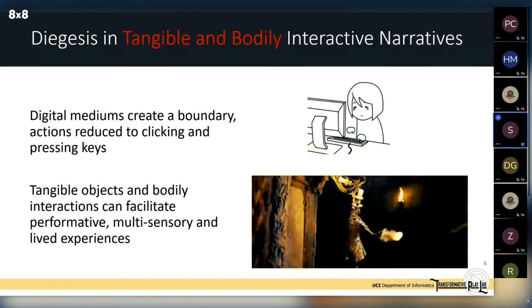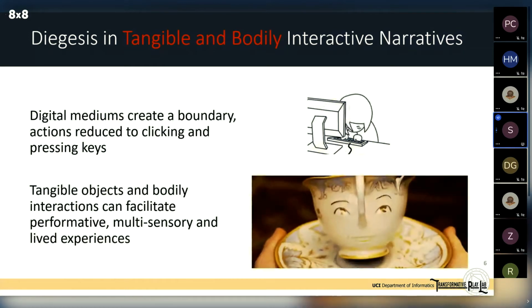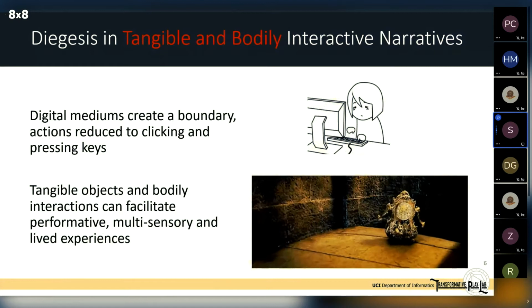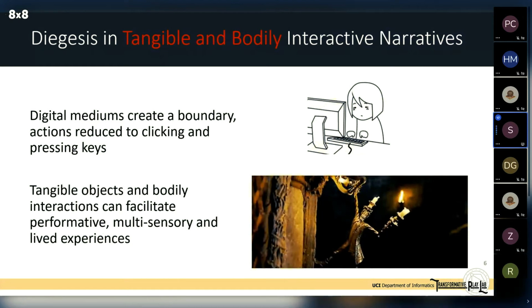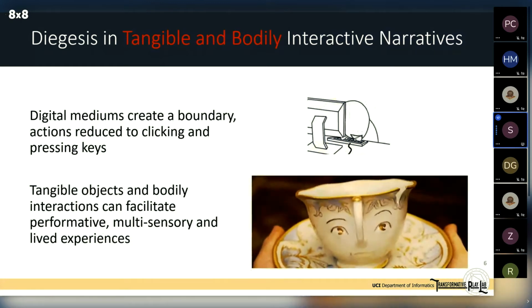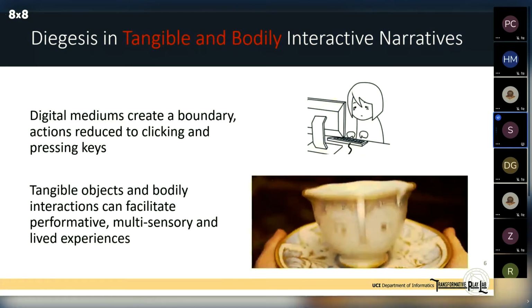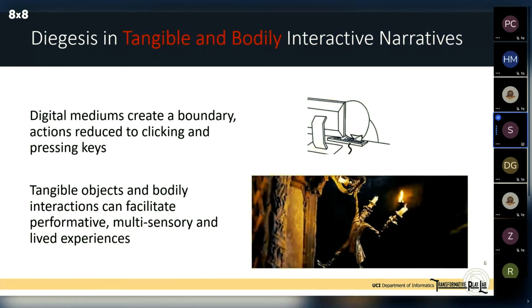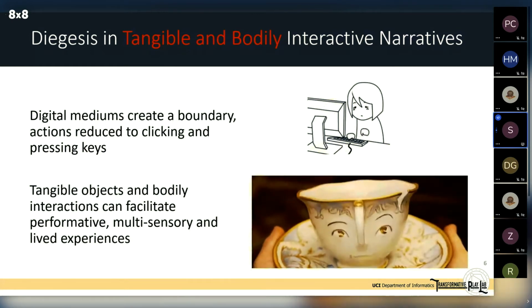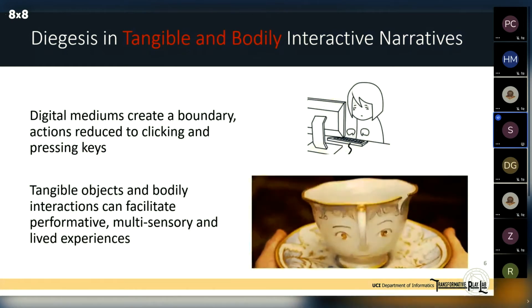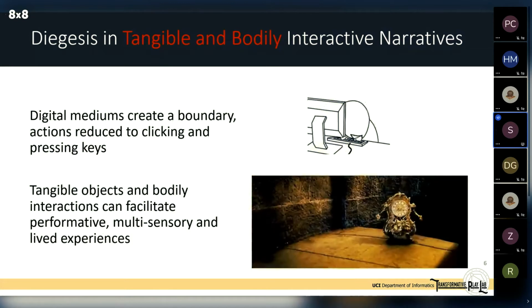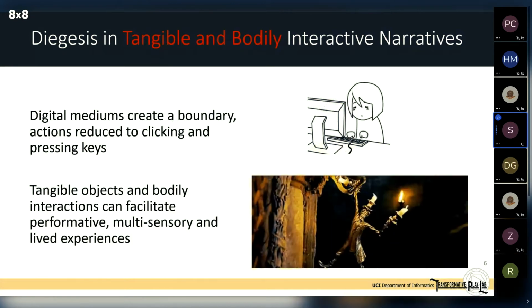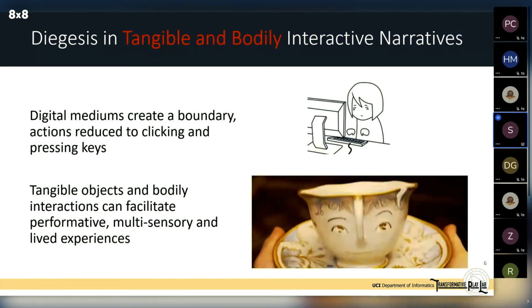So, in response to all these digital mediums, the TEI field, which is the tangible embodied interaction field, encourages the use of tangible objects and bodily actions to interact with the story, because that can produce performative, multisensory, and lived experiences, allowing readers to really enact, feel, and live out events in their beloved fictional worlds.